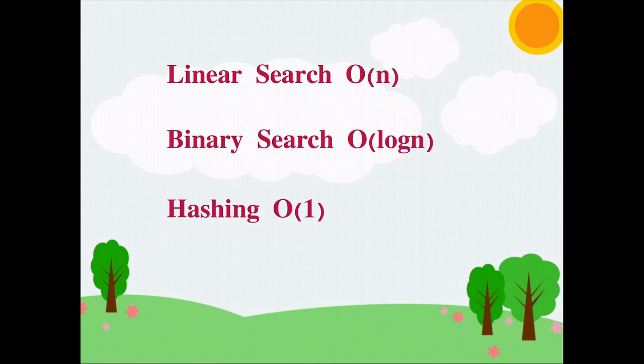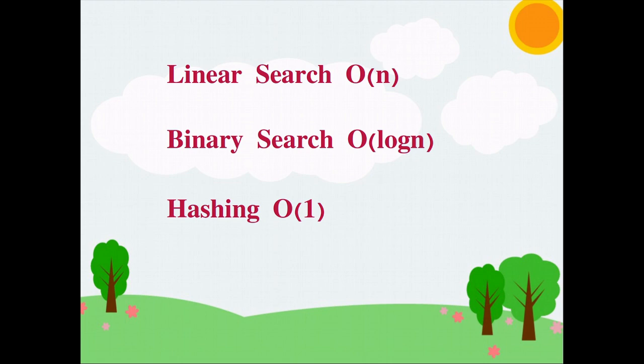There are some pros and cons of each search algorithm. Linear search is good for ordered and unordered data. But there is a complexity concern for the linear search algorithm.